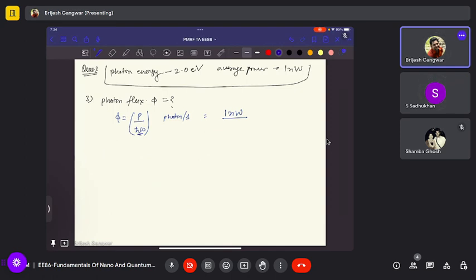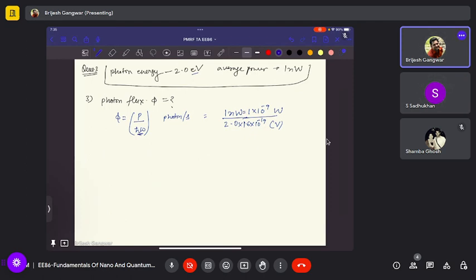So this is 2.0 eV, which you convert by 2 into 1.6 into 10 to power minus 19, and the power is 1 into 10 to power minus 9 watt.